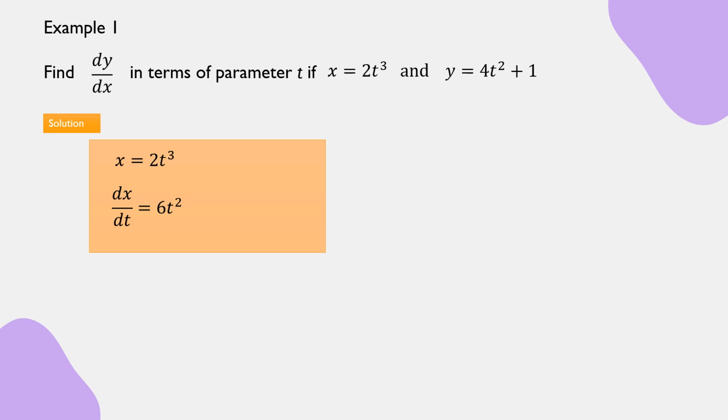So that means 6t squared. But we must find dt/dx. So we just invert it. dt/dx equal to 1 over 6t squared.